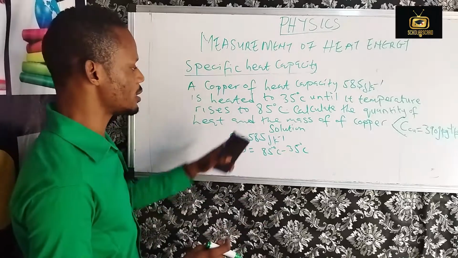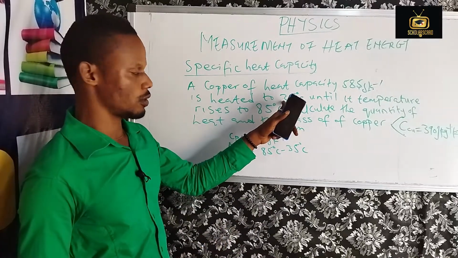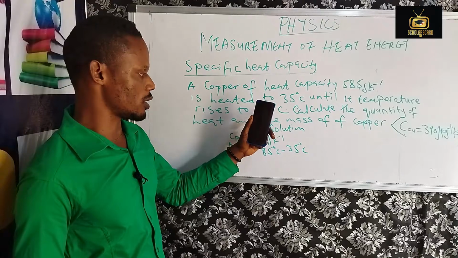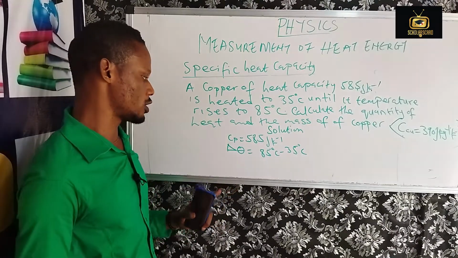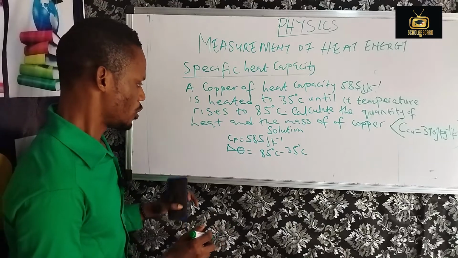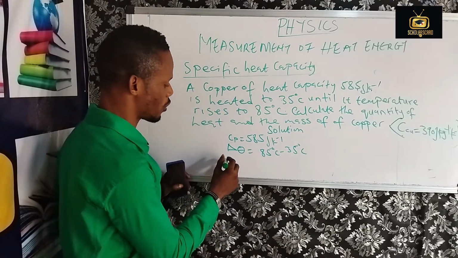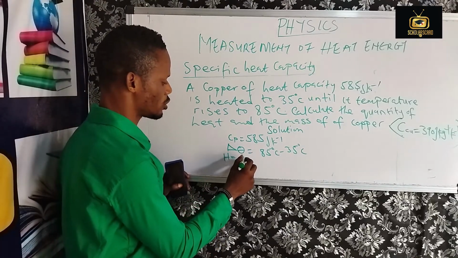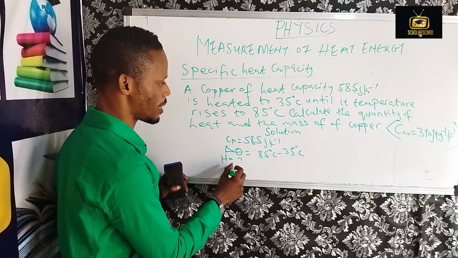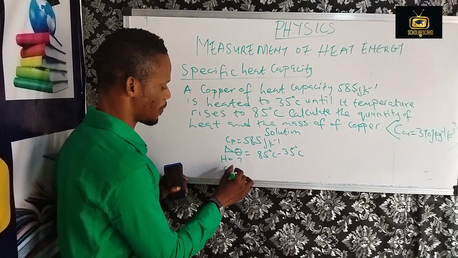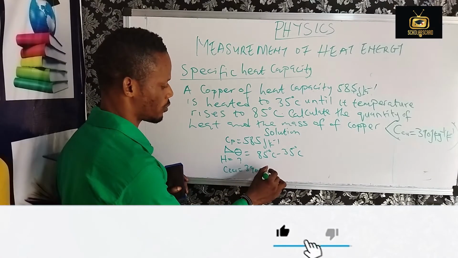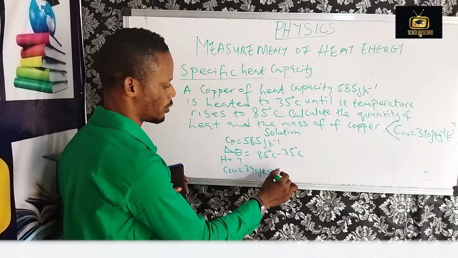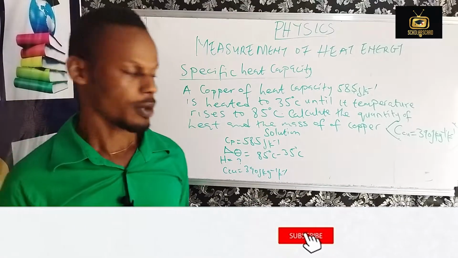This means the initial temperature is 35 degrees Celsius, while the final temperature is 85 degrees Celsius. The final temperature minus the initial temperature gives you the change in temperature. You are asked to calculate the quantity of heat, H, and you are given the specific heat capacity of copper as 390 joules per kilogram per Kelvin. Are you getting it?